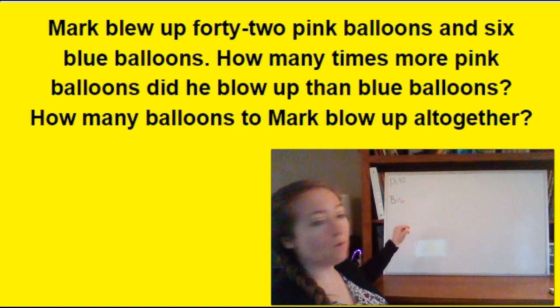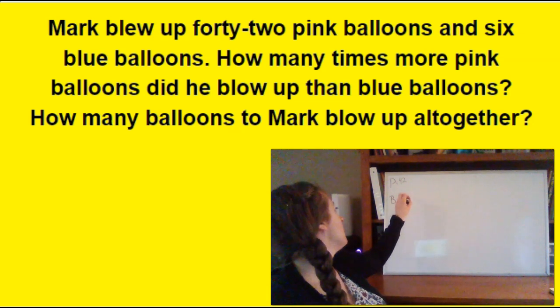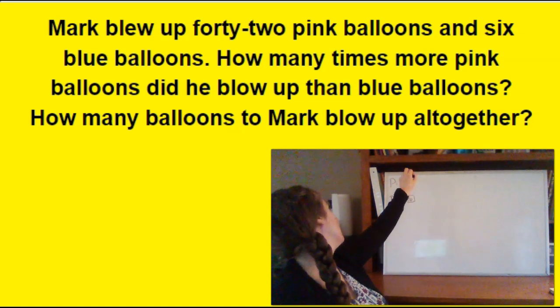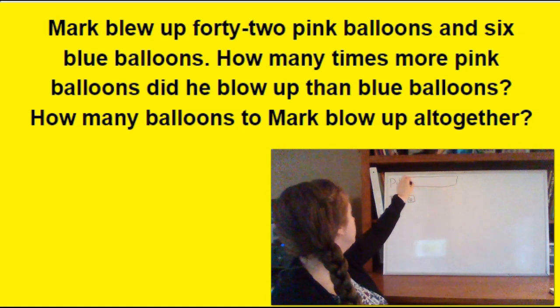They want to know how many times more pink balloons than blue balloons did he blow up. So again, we're looking for the how many times. So that means that this will become our unit worth 6. Okay, and this becomes our bar model, and it's worth 42.